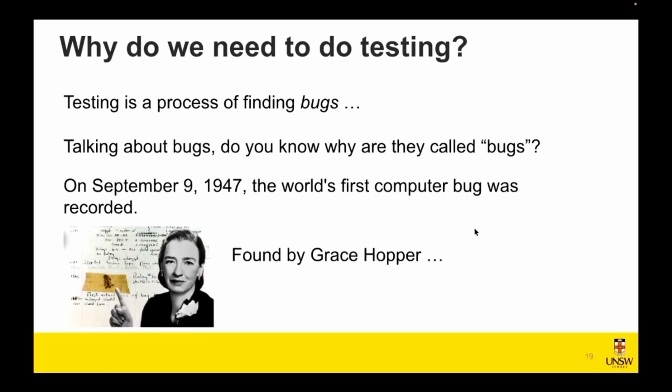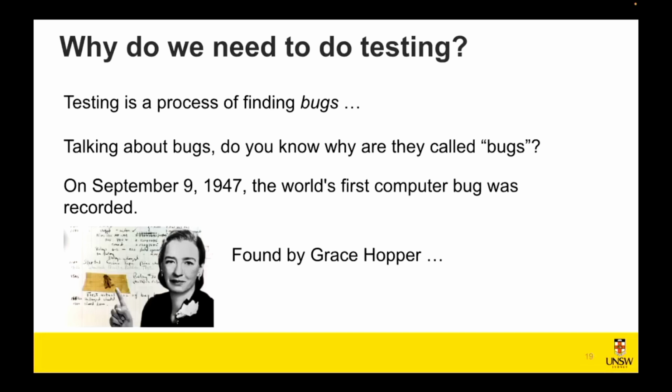And if you observe in the K17 building, which is our school's main building, outside the lifts of some levels, there are posters of some famous people in computer science history, and you can find this lady's poster on level 5, if I remember correctly, outside the lift.